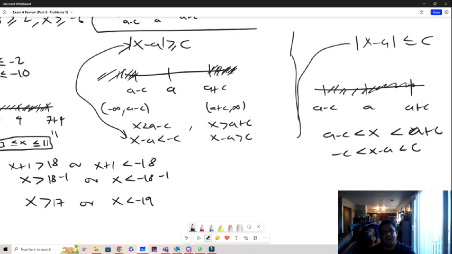So these two rules are completely different depending on the distance, and you should memorize what this absolute value means in terms of distance. So that's the end of part 2 of the problems.